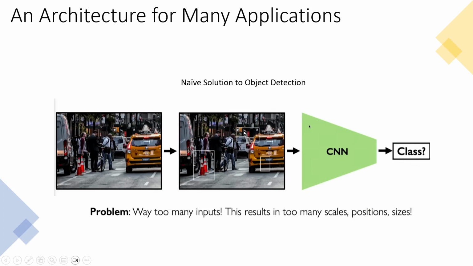We can get random patches with random dimensions. So we can get a patch like this. If we get a patch like this and try to classify it, that's going to give us a taxi. But if you get a patch from here, it's not going to give you a taxi. That's going to be classified as unknown, for example. Or if you get a patch from here, that's going to be classified as something else. If you get a patch from here, it's going to be classified as a pedestrian.